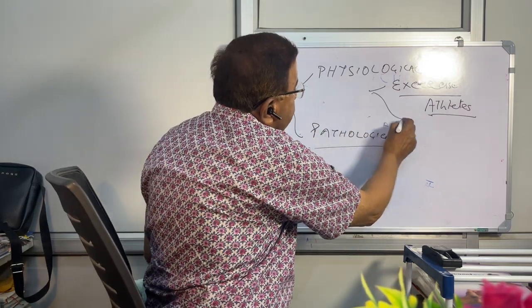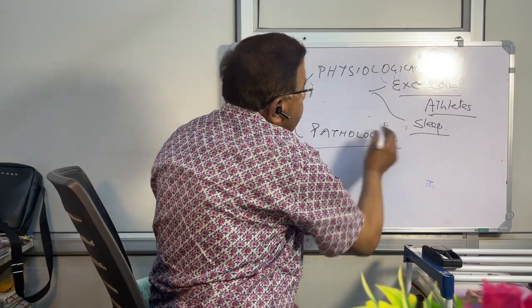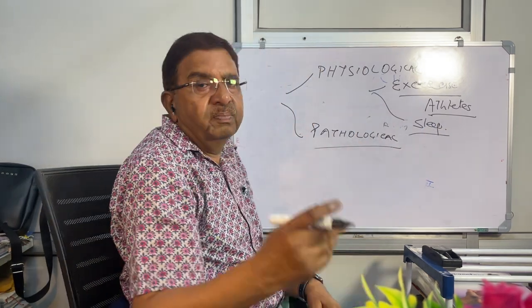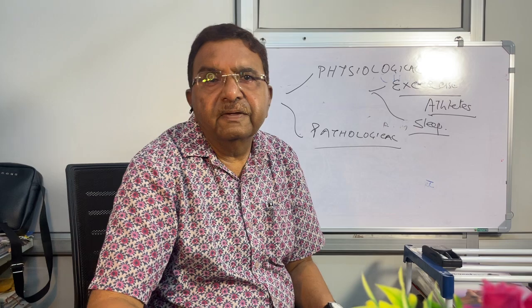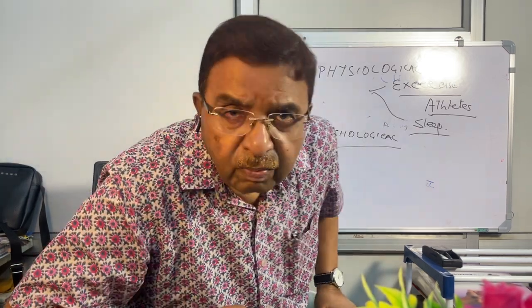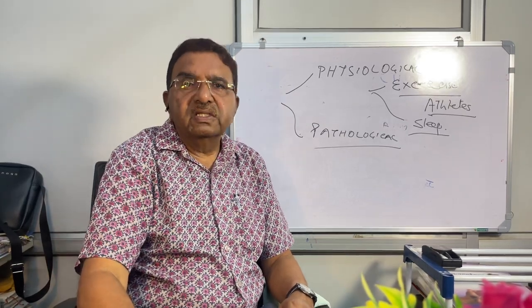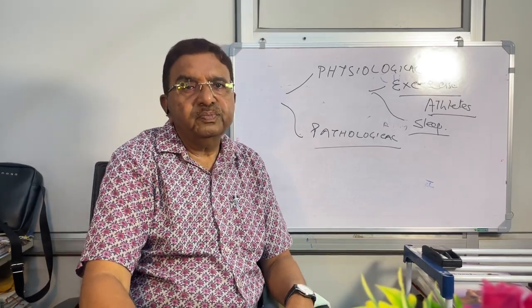Second cause is during sleep. When a patient is sleeping, anyone who is sleeping, their heart rate during sleep can be less than 60. So that is a normal phenomenon that is called physiological sinus bradycardia.